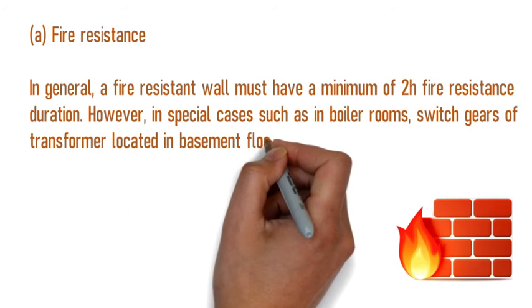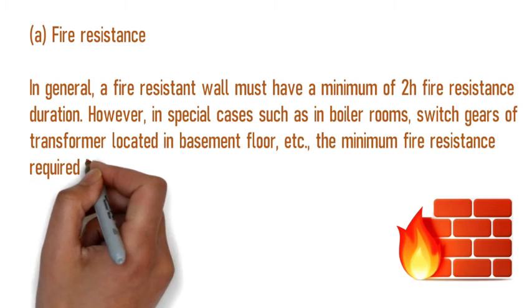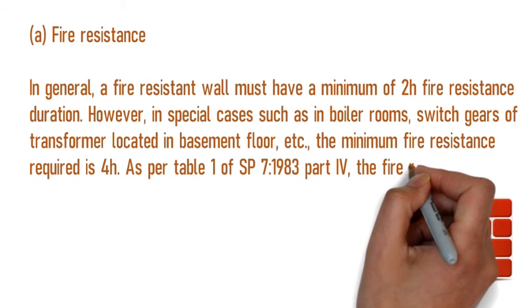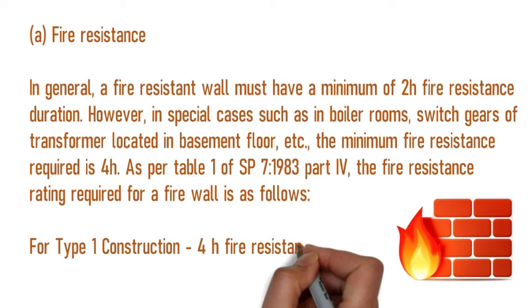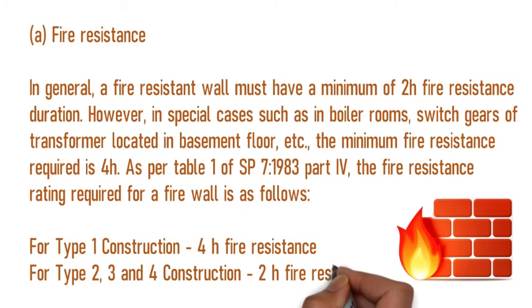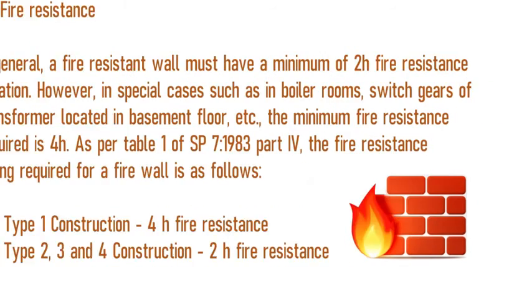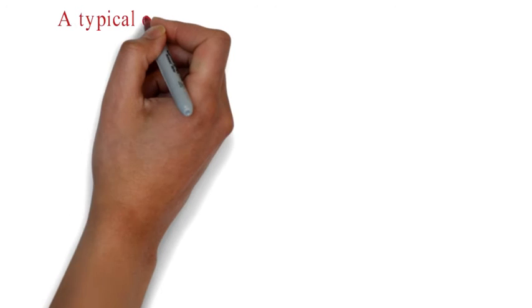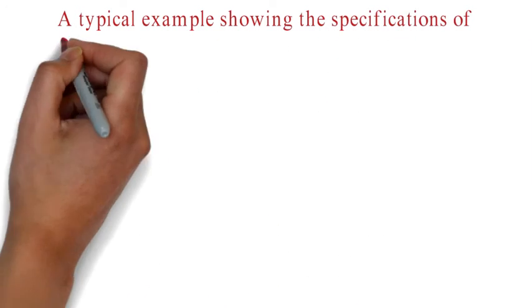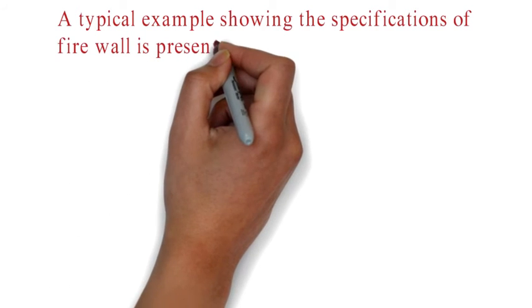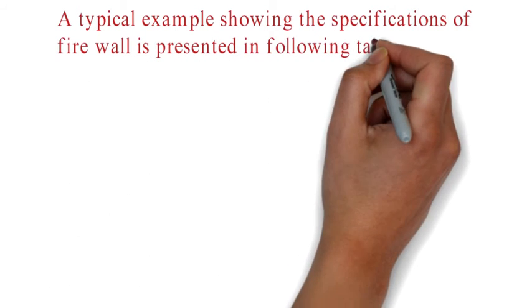However, in special cases such as in boiler rooms, switchgears of transformer located in basement floor, etc. As per NBC Part 4, the fire resistance rating required for a firewall is as follows. For type 1 construction, 4 hours, and all other types, 2 hours. A typical example showing the specifications of firewall is presented in the following table.